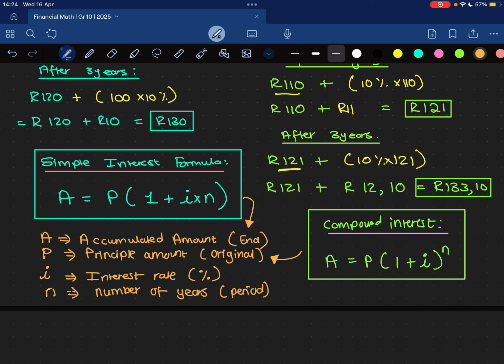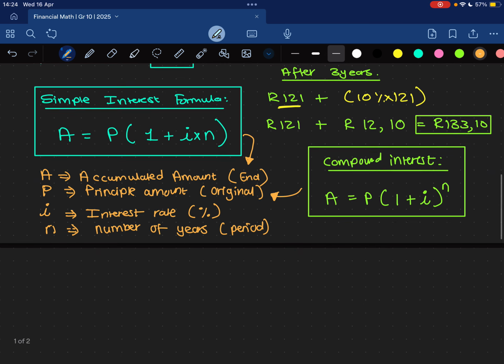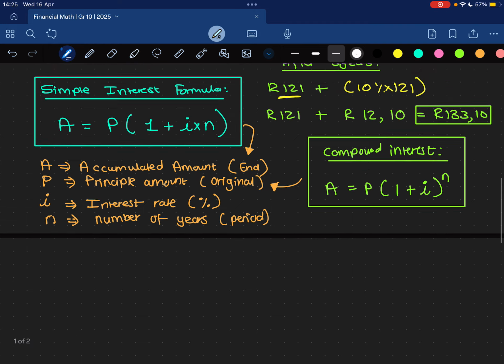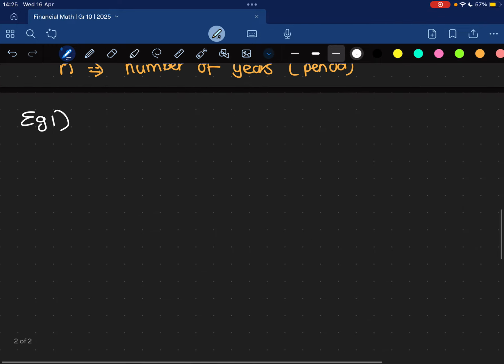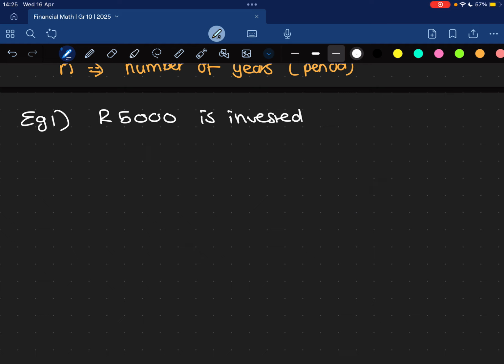Okay, so let's consider an example. I think this would be the first example because the one at the top doesn't really count. So in this example, it says 5,000 Rand is invested for 3 years.